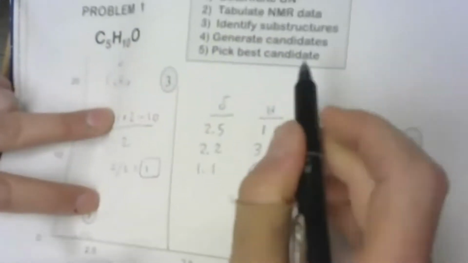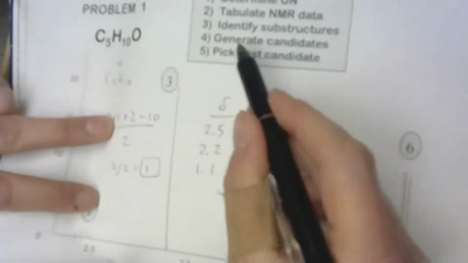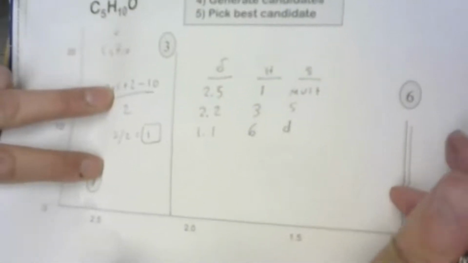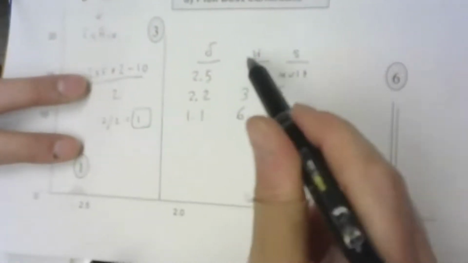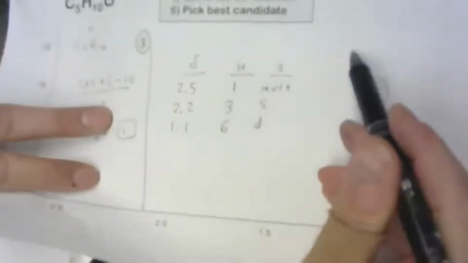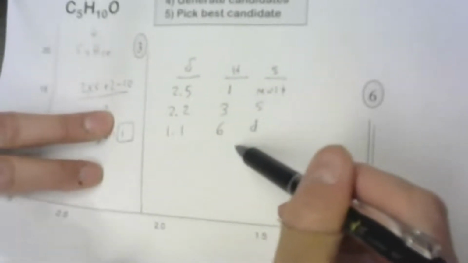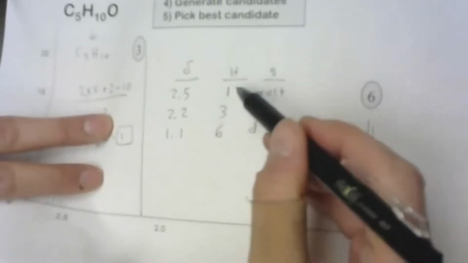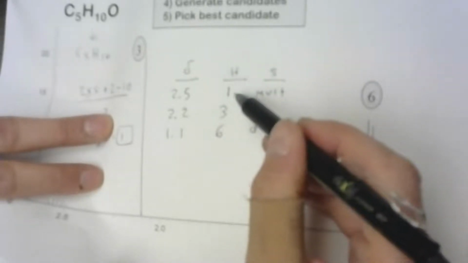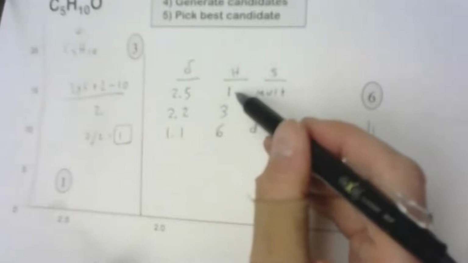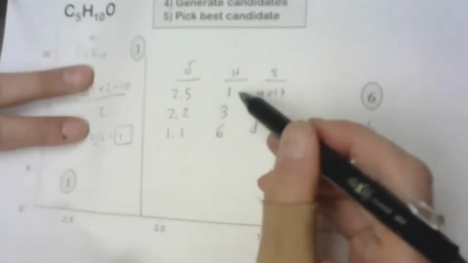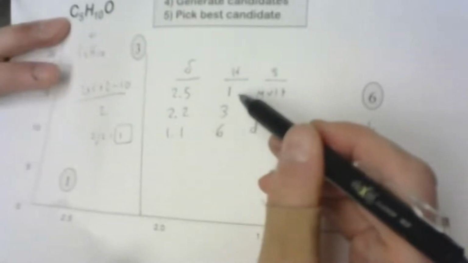That was make a table, tabulate. Now we're going to identify the substructures. So we're going to go down this little table and convert each of these into a substructure, meaning a piece of the molecule. For the most part, we're going to look at H. We're going to say, well, maybe it's a CH, probably a single proton, probably a CH.